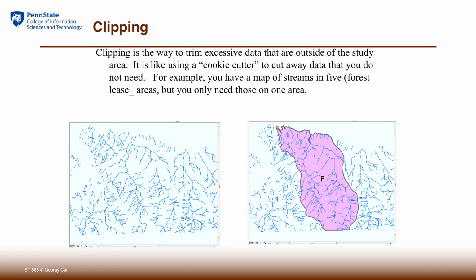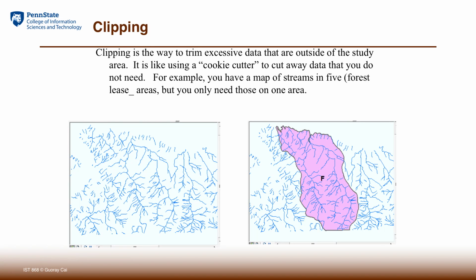Clipping is one of those operations that can do cookie cutting: just pick up the areas of interest and leave other data outside of the scope. Normally we use one shape to cut another shape.